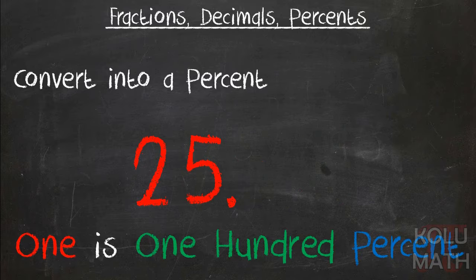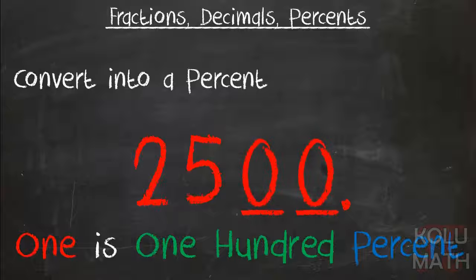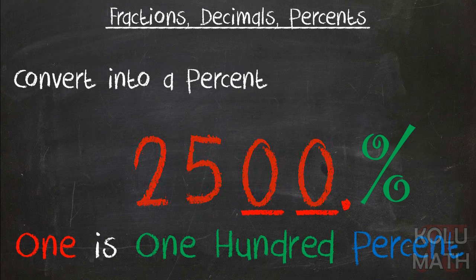Even if I have a number that's sort of strange like this, 25 point nothing, we have just a whole number, I can use the same technique. Move the decimal 2 places to the right and add the percent sign. But you notice I have 2 empty spaces. I'm going to have to fill those up with 0. Those are our placeholders for decimals. If we have a space and we know it has to be there, a 0 goes in there. Add a percent sign, and we've got 2,500%.